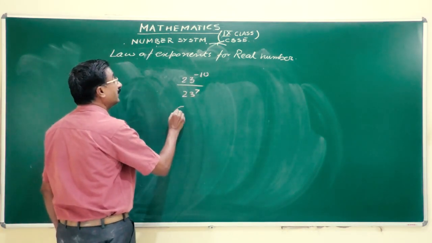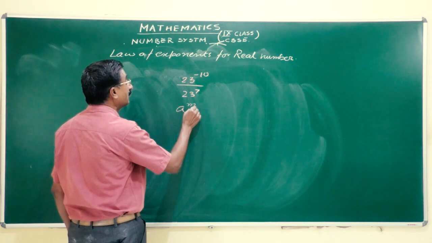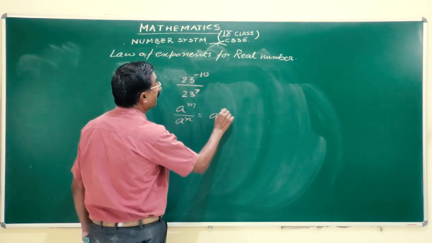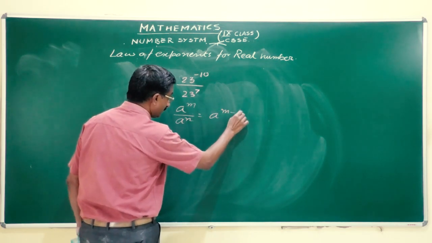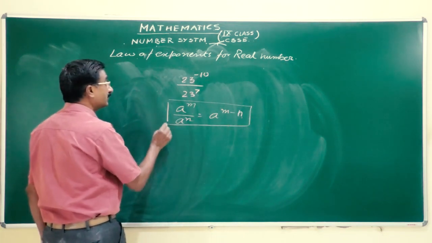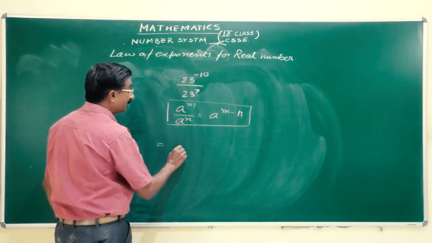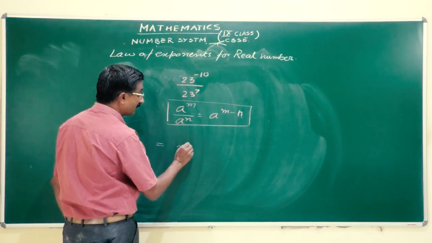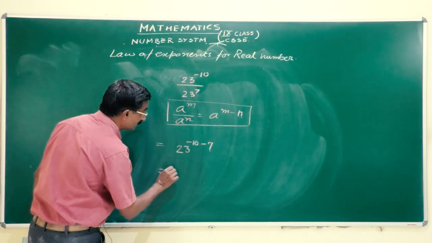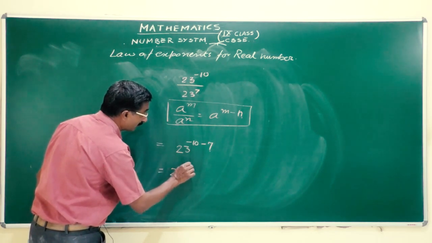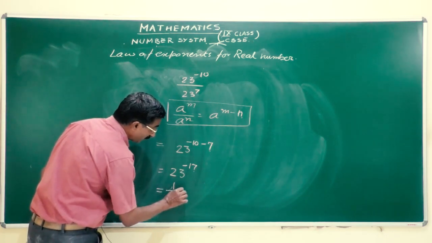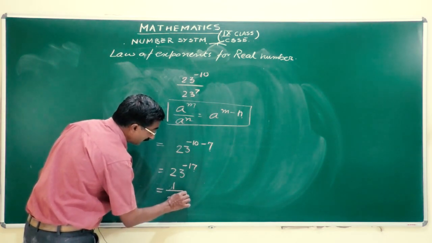So now a raised to the power m upon a raised to the power n is equal to a raised to the power m minus n. This identity will be utilized. So this is equal to 23 raised to the power minus 10 minus 7. So this is equal to 23 raised to the power minus 17. So this is equal to 1 upon 23 raised to the power 17.